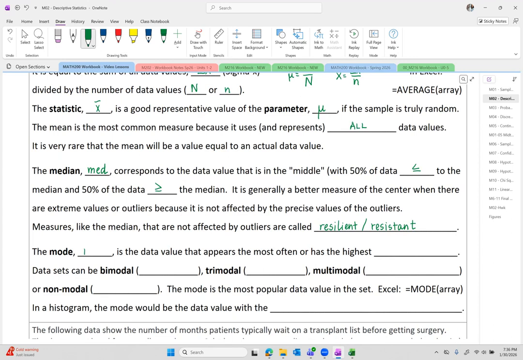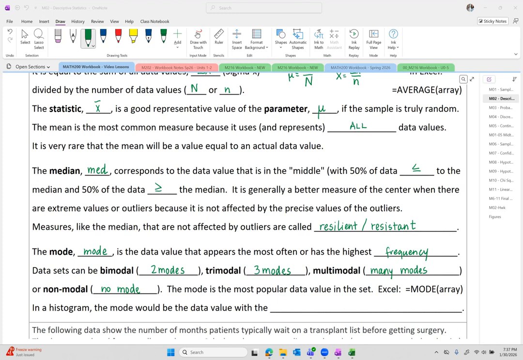The mode, which has the symbol MODE, is the data value that appears the most often and has the highest frequency. Data sets can be bimodal, trimodal, multimodal, or non-modal when they have 2 modes, 3 modes, many modes, or no modes, respectively.